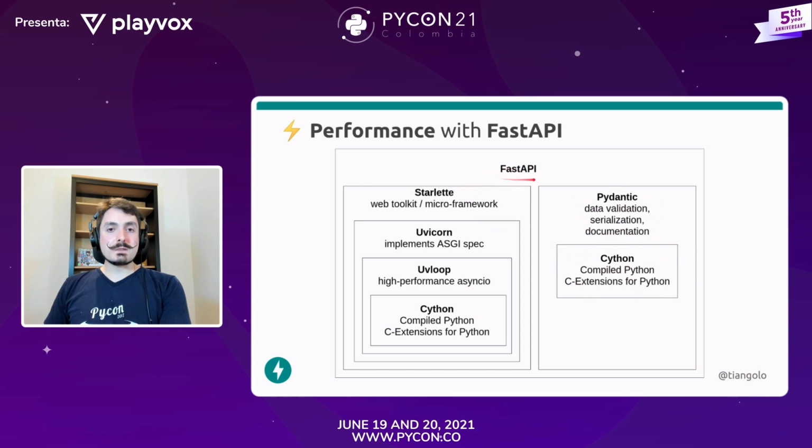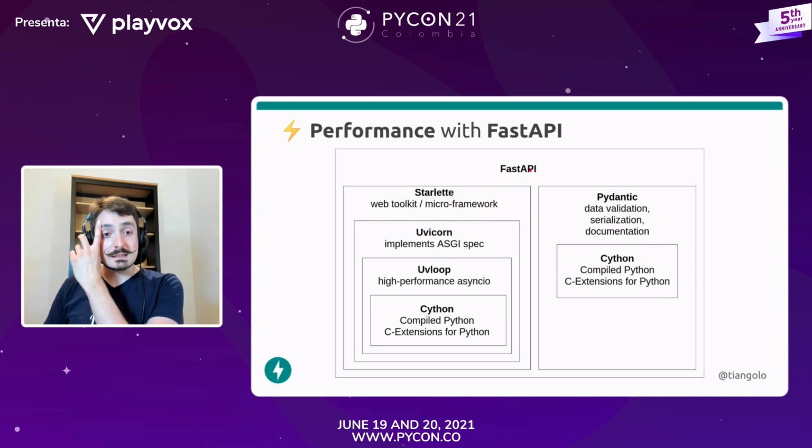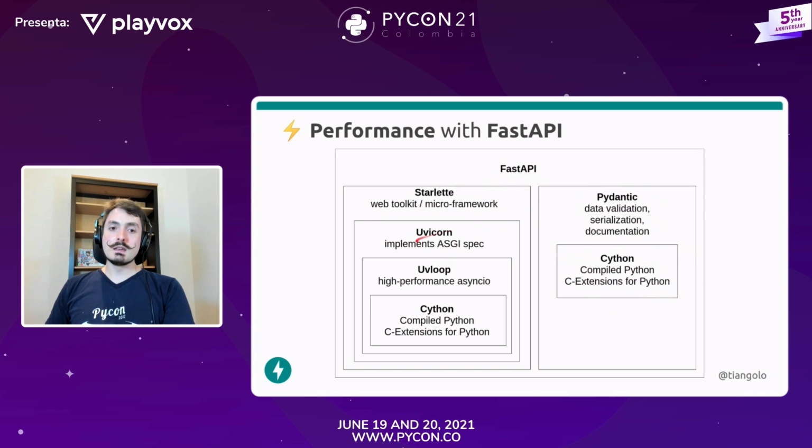And on the other side, FastAPI is built on top of Starlette, which is the web toolkit or micro framework, and Starlette is run using a server like Uvicorn. You just run the FastAPI application using a server like Uvicorn, which implements the ASGI specification that we just read.